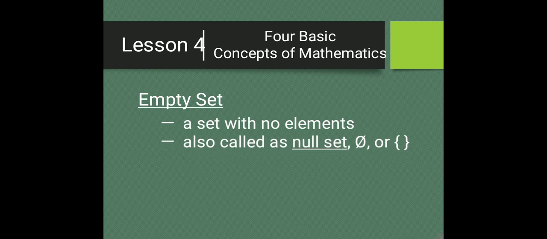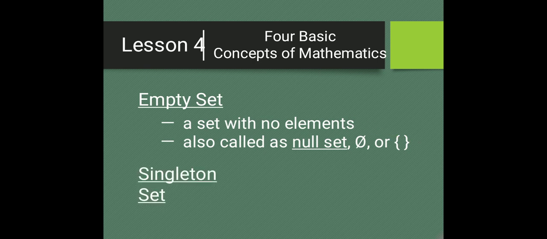Again, when a set has no elements, it is called an empty set or a null set. The symbol for the null set can be just a bracket with nothing inside. That is enough to represent a null set. And we also have this one, a circle with a slash. That is for the null set.